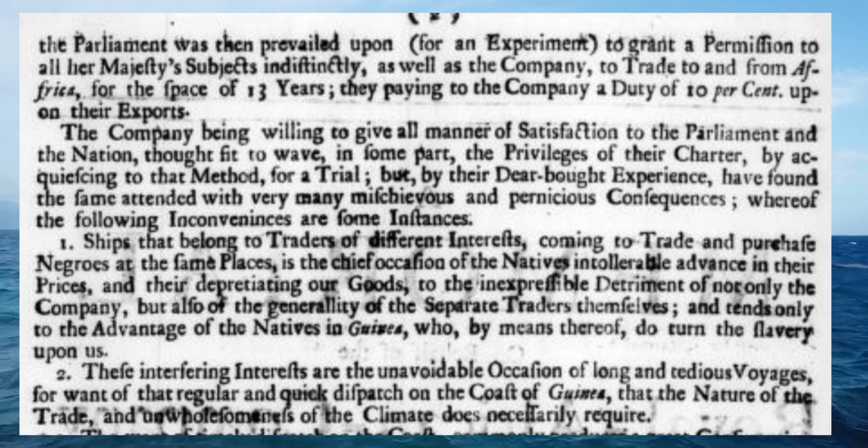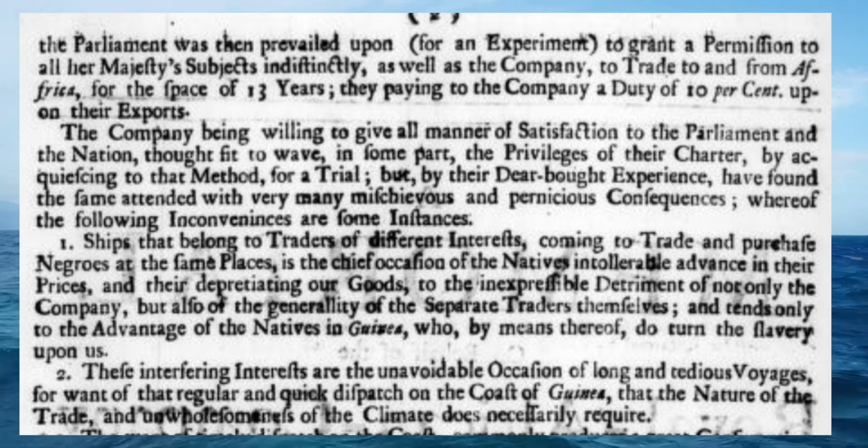Now this is how they ran it. It says very mischievous and pernicious consequences, whereof the following inconveniences are some instances: ships that belong to traders of different interests. Now let's see what those different interests are.